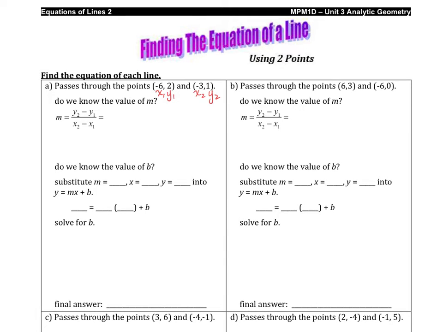So y2 is 1, subtract y1 is 2, over x2 is -3, subtract, watch the signs, subtract x1, which is -6.